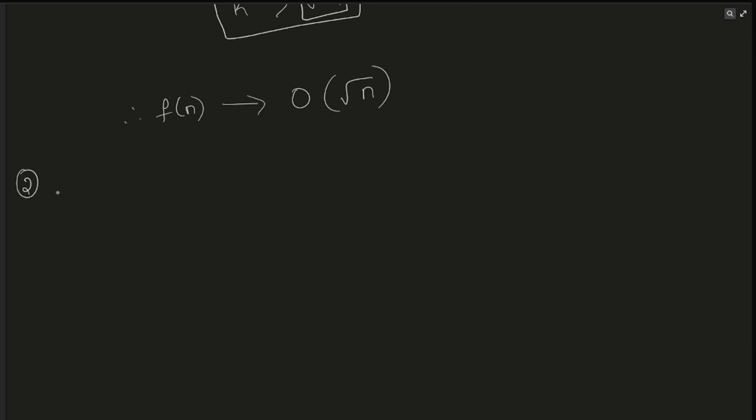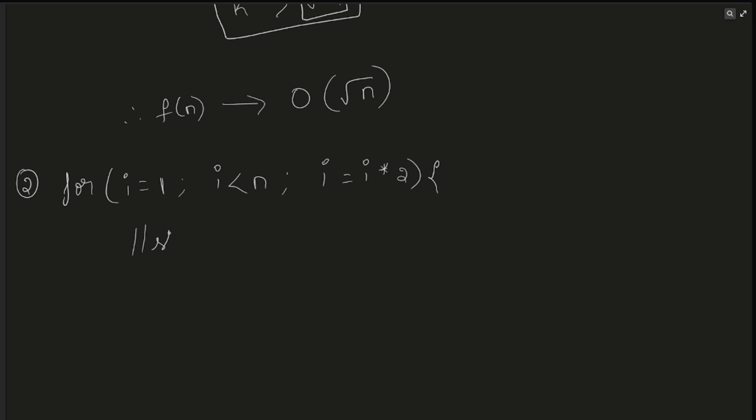Our second example for this video is a for loop where i starts from 1 and goes till n but gets incremented with multiples of 2 for every iteration.